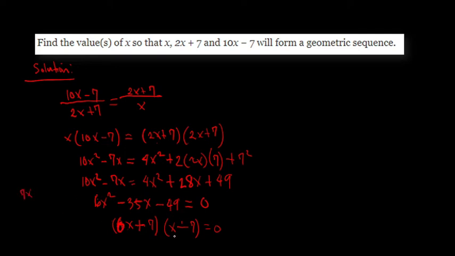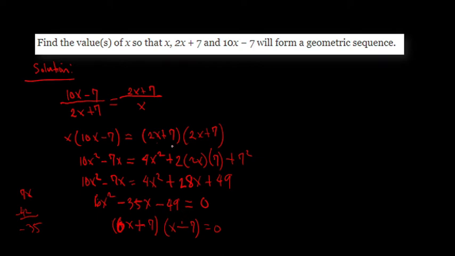Then 6x times negative 7 is negative 42. So the result is negative 35... negative 39. Tama. Tama ang kanyang constant of the middle term. So, tama ito, tama ang pagka-factor natin.